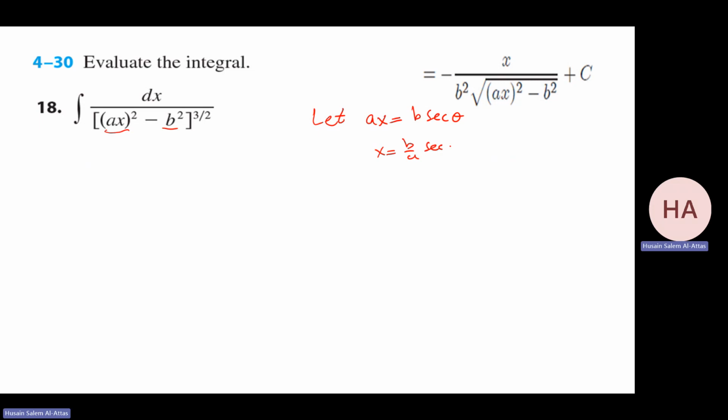Sine theta dw would be cosine theta d theta. So I have du over u square, which is minus 1 over u, minus 1 over sine.